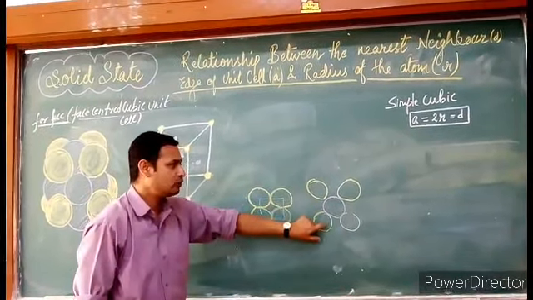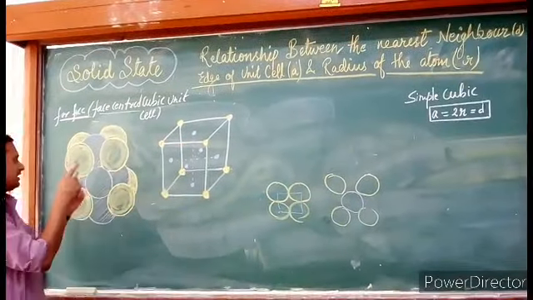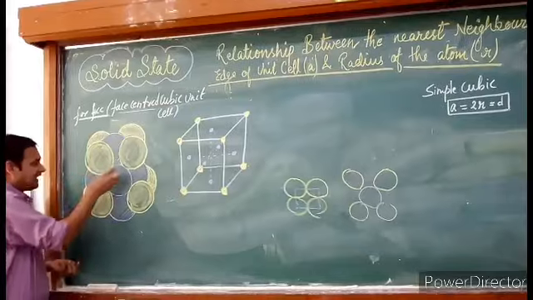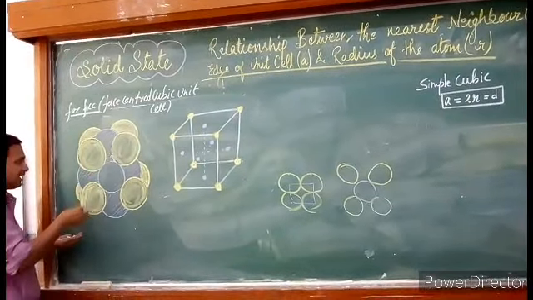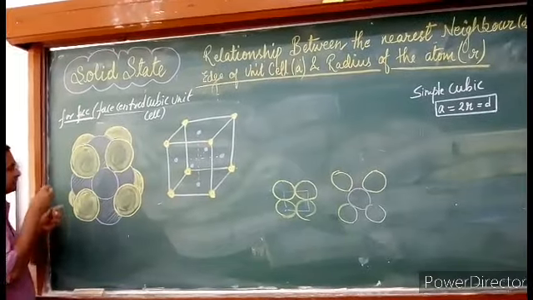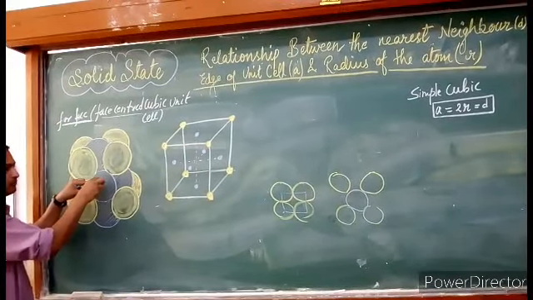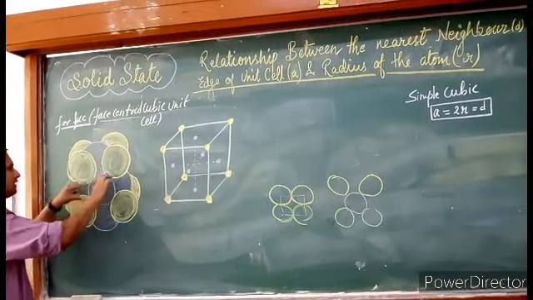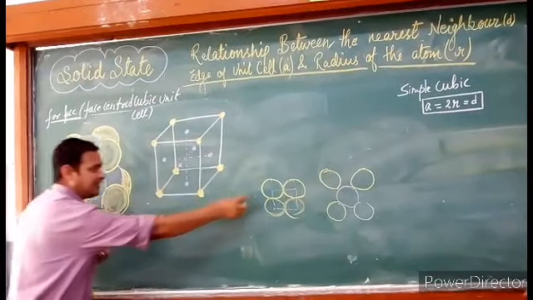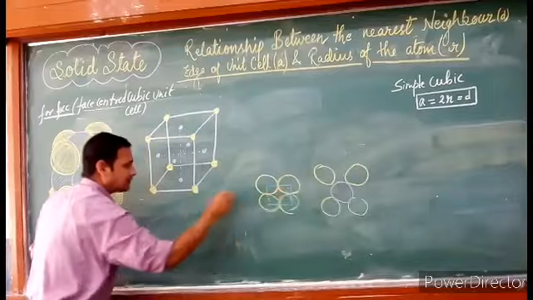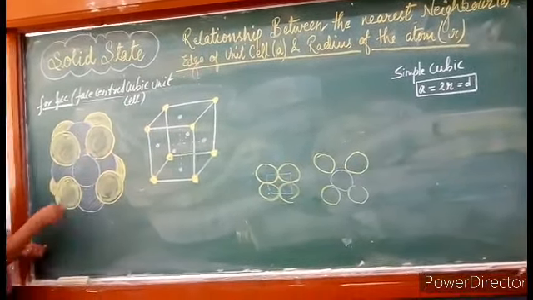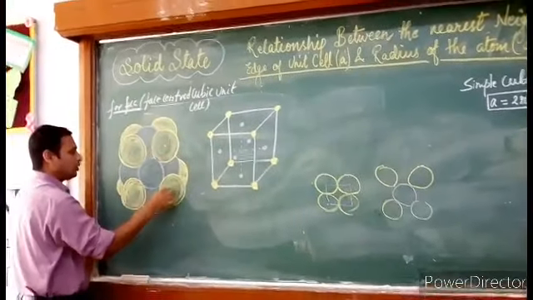If I take you to the 3-dimensional structure, you can see here, when I place the atom, these 4 atoms move far apart. पहले जुड़े हुए थे, अब क्या हो गया? वो दूर हो गए.